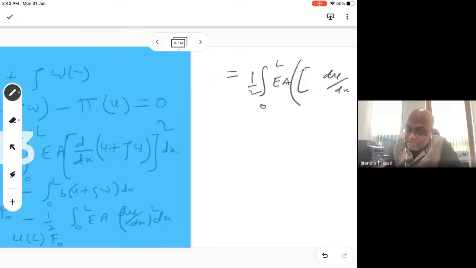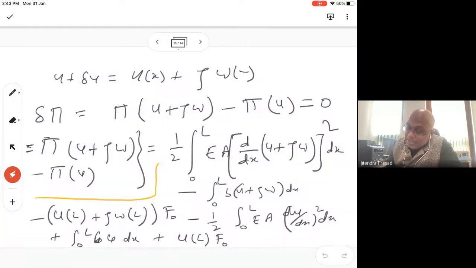What we are doing is combining this one and this one, putting this minus this so that we can subtract nicely.